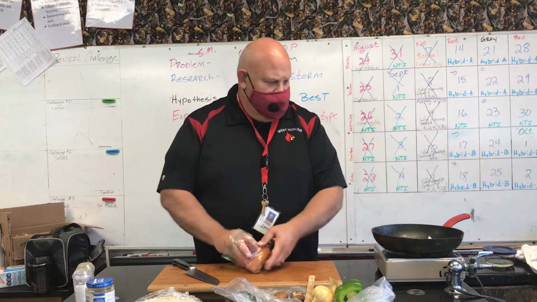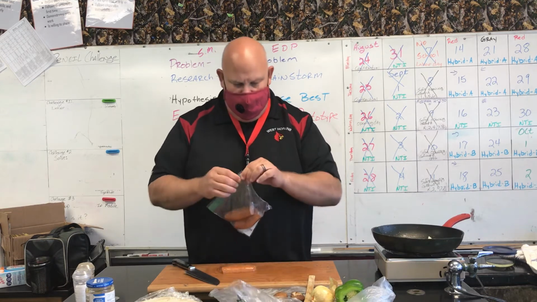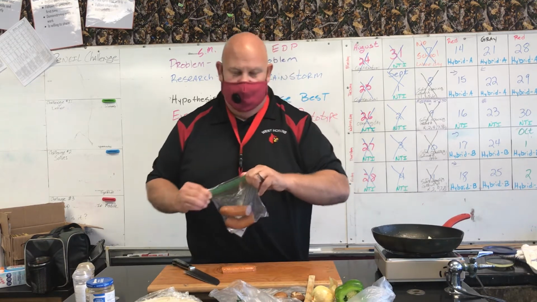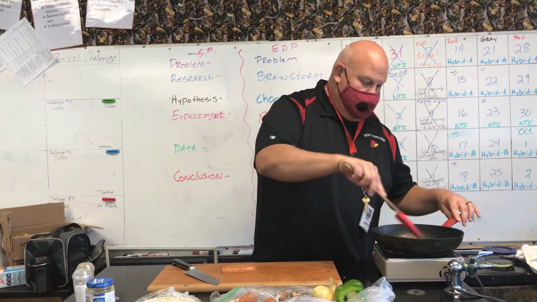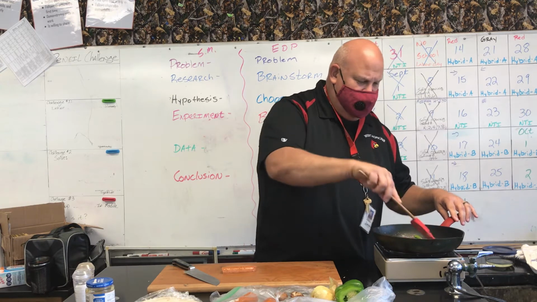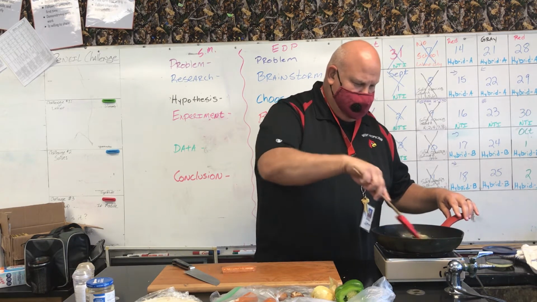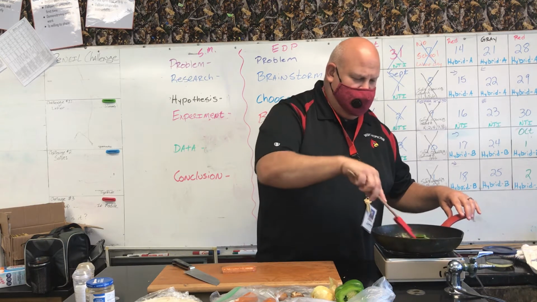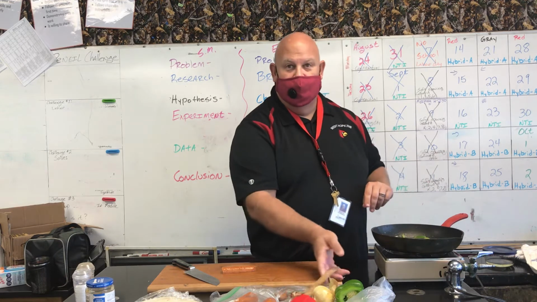So I've got my peppers and onions going on in there. I'm only making one, so there's not a whole lot to do here. I'm going to get those going, get those softened and caramelized. You know why an onion caramelizes? It's also really high in sugar.